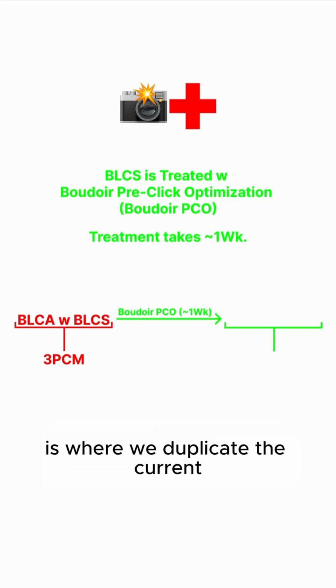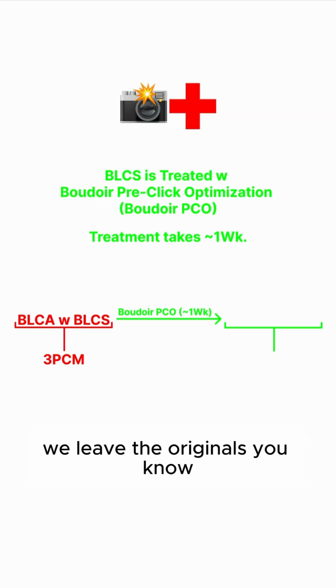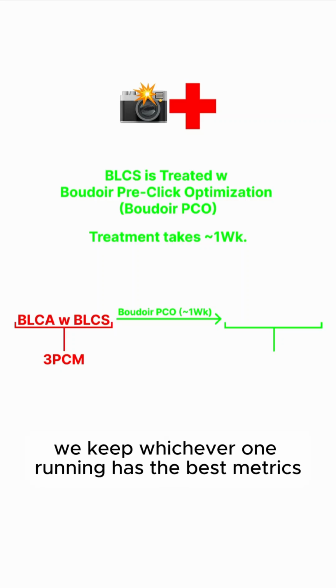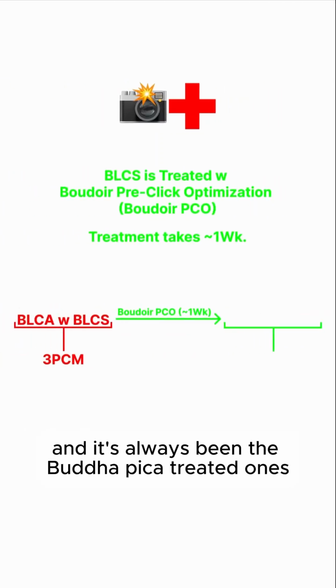This is where we duplicate the current Boudoir Facebook ads and we treat the duplicated ads. We leave the originals, on or off, whatever. We treat the duplicated ones, and at the end of the week, we keep whichever one running has the best metrics. And it's always been the Boudoir Pico treated ones.